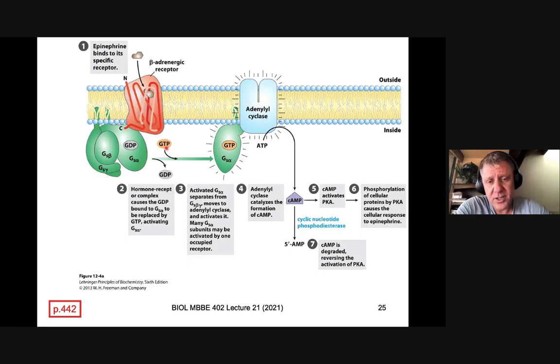But with this GTP bound to the alpha S stimulatory unit, which is now activated, it has the capacity to move along the inner leaflet of the membrane because it's attached to a lipid in the inner leaflet, and has the capacity to move across.